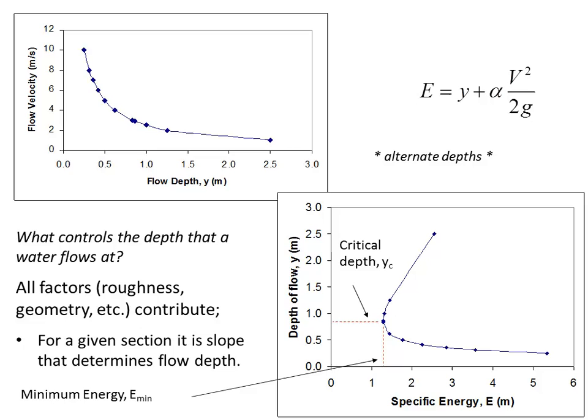Okay, so the critical things for you to know, the really important concepts, is that there is some special depth, and when the flow is deeper than that, the conditions are subcritical, and when the flow is shallower than that, it's supercritical. And what actually governs what the depth is going to be is how steep the slope is.